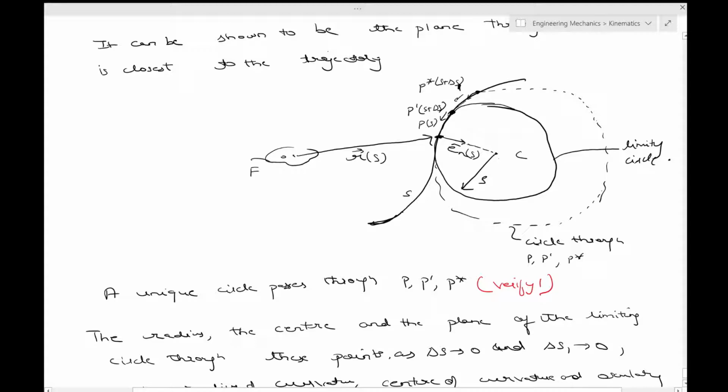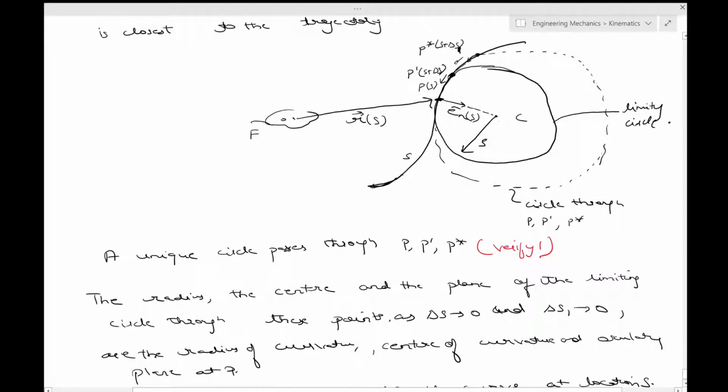Now we claimed that if the limit delta S1 tends to 0 and delta S tends to 0, both of them, you will get this so-called limiting circle shown in solid black line. The radius of such a circle will be the radius of curvature rho, and the center will be C, the definitions which we have just seen above.